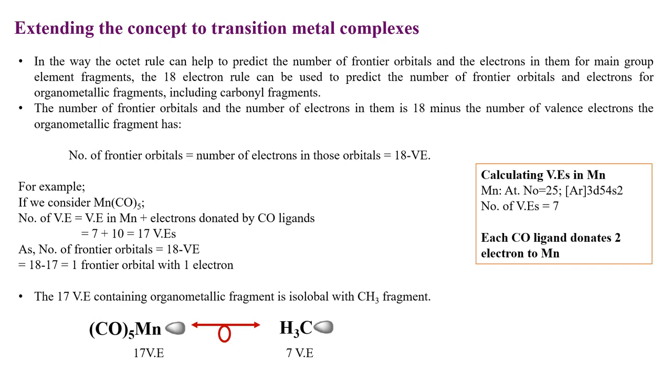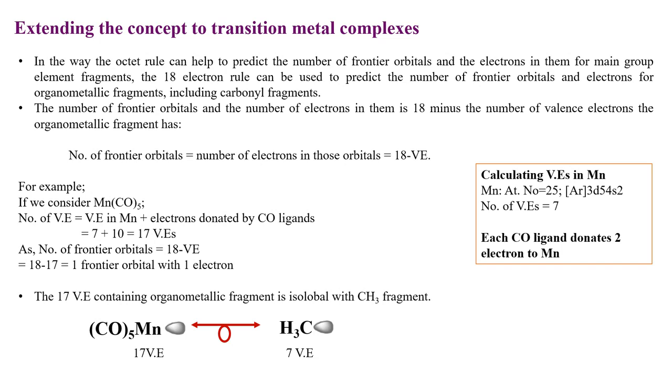So this was about how we can construct the molecular fragments starting from a stable molecule like methane to the CH radical. We'll extend the same concept to the transition metal complexes and see if there are any metal complexes which are isolable to methane or the methyl radicals.